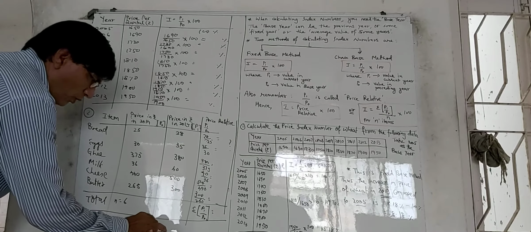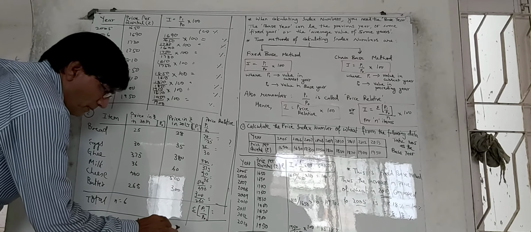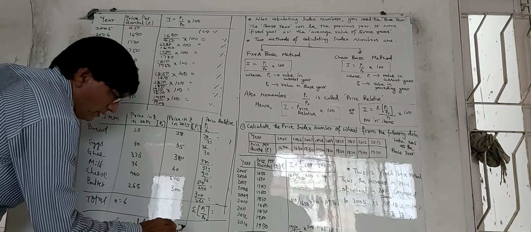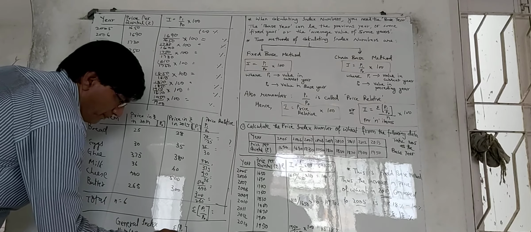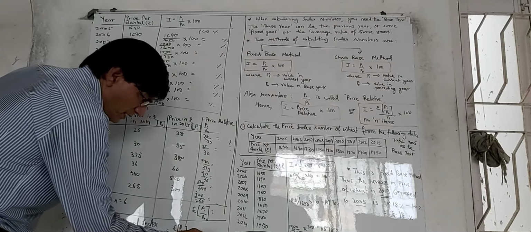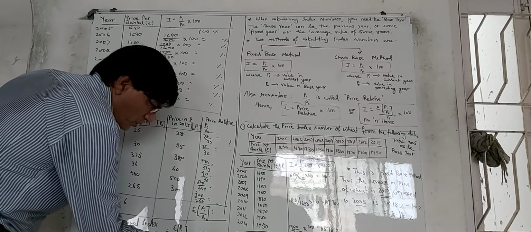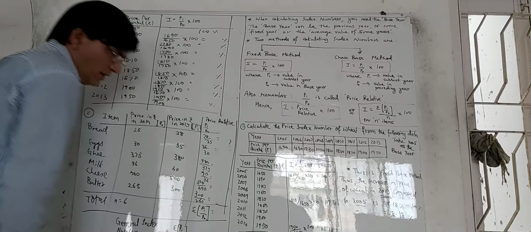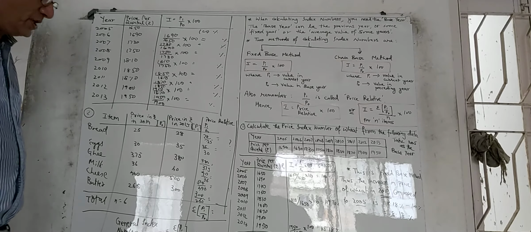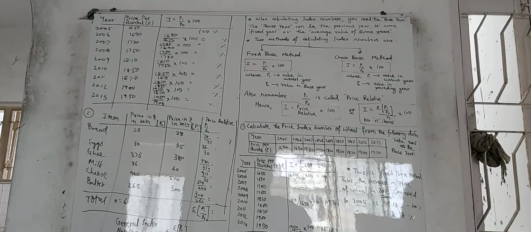General index number of all the 6 food items would be sigma P1 upon P0 divided by n, into 100. Whatever the value is, divide by 6 and multiply by 100, and you get the general index number. Obviously you can see it is very easy to calculate.